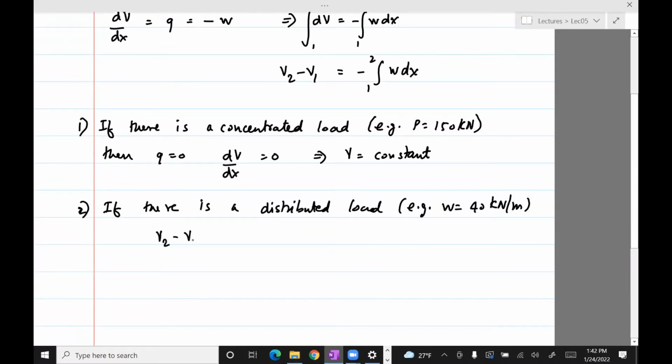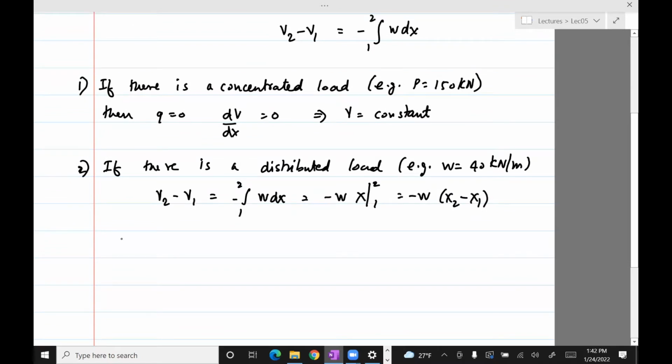We'll see that V2 minus V1 equals the integral from 1 to 2 of minus w dx. So w is a constant, so it comes out of the integral, and so we have minus w x. The integral of dx is x. The upper limit is whatever it is at 2, so x2 minus x1. So you see that V of x is a linear function of x, which means that it will be a straight line.